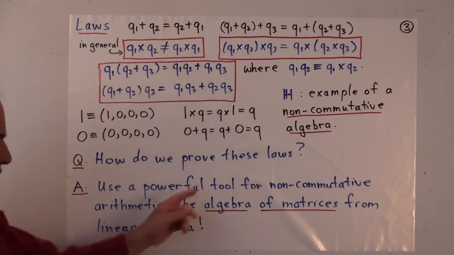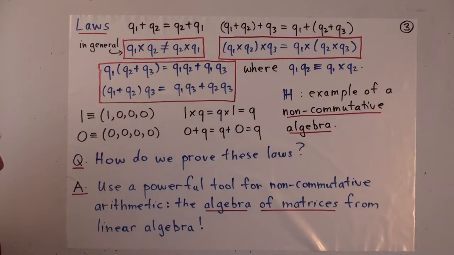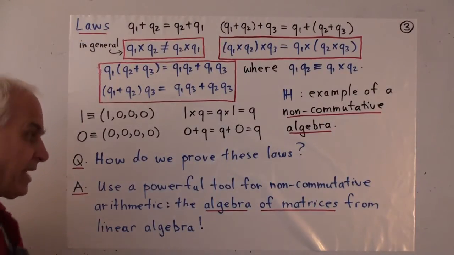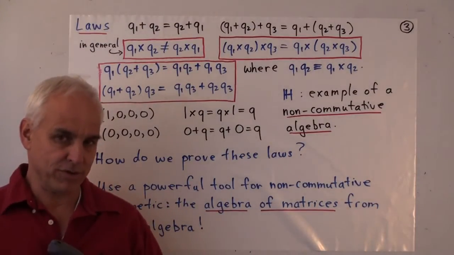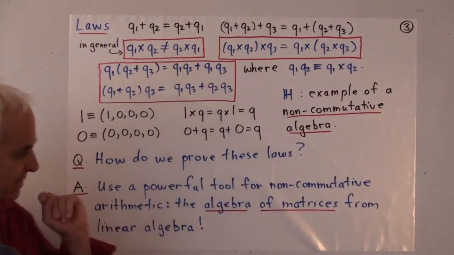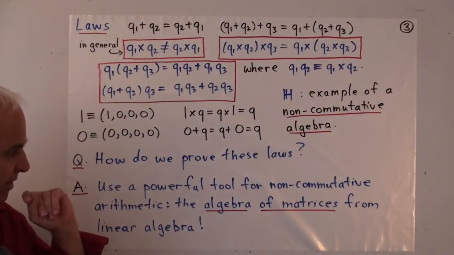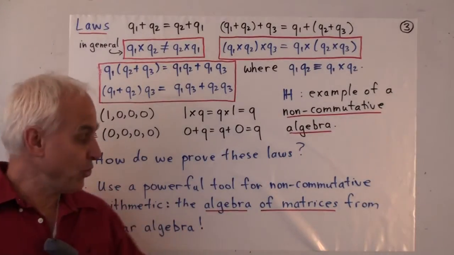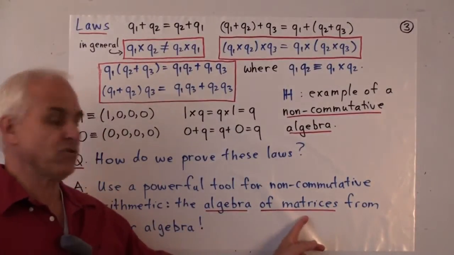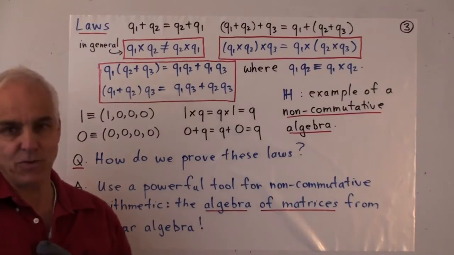So there's a powerful tool that we're going to employ, which is worth pointing out. It's a general strategy for any non-commutative arithmetical situation in mathematics almost. The idea is that whenever you have something non-commutative, chances are it's related to the algebra of matrices from linear algebra.